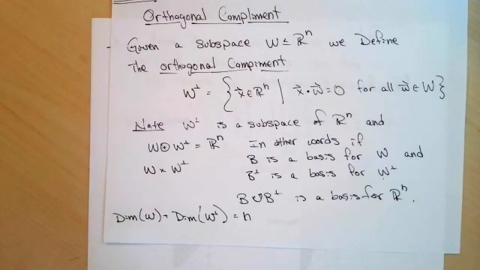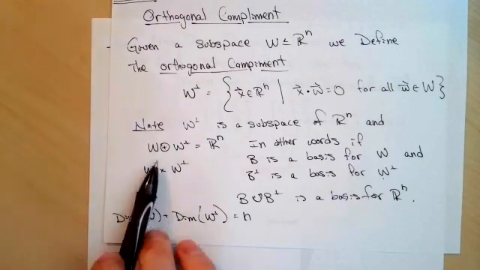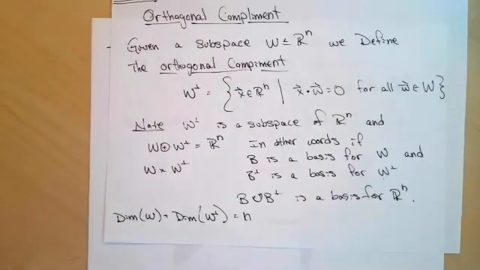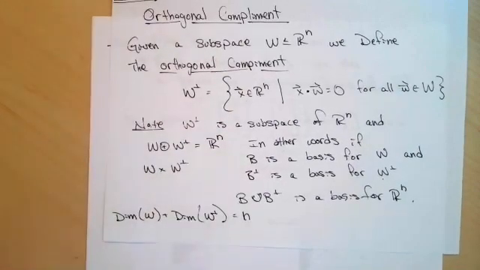It's just kind of like a rank and nullity theorem that you can arrive at, especially if we're defining our subspaces in terms of equations. You can really think of this subspace W as the kernel of a linear transformation, and then likewise the subspace W perpendicular as the kernel as well.